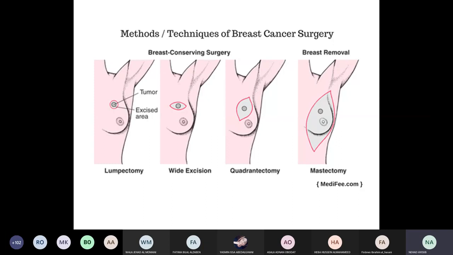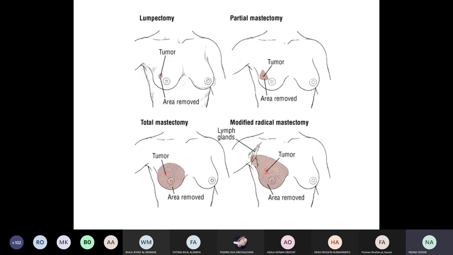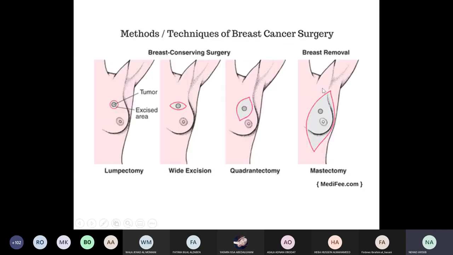But when I tell you that the patient had a mastectomy, regardless of radical or modified, if I tell you the surgery was mastectomy, it means the surgeon removed the whole breast mass, the whole breast tissue. The whole breast has been removed. Okay.